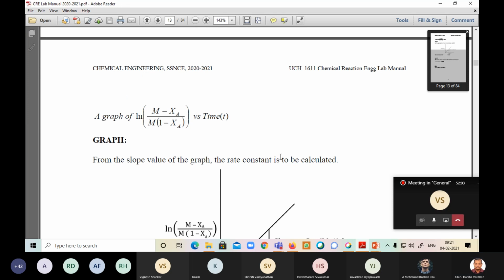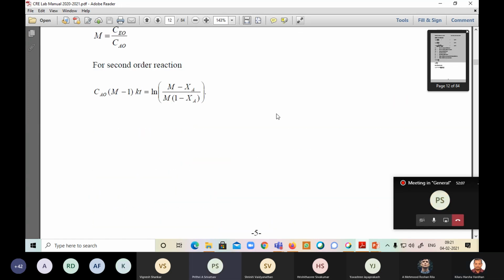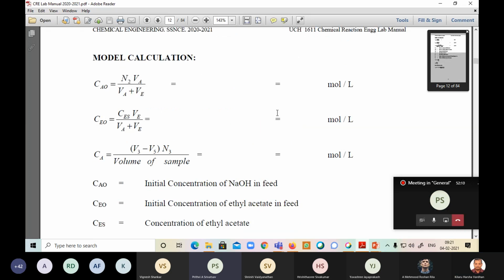Sir, I have data set A, and when doing standardization of NaOH, my titer value came to 10 exactly, sir. When we tried to calculate CA0 and CE0, we got both as 0.05. Yeah, if you are assuming this N2 is 0.1 and C is 0.1, then it will be the same for both.